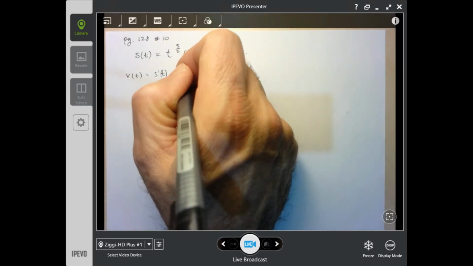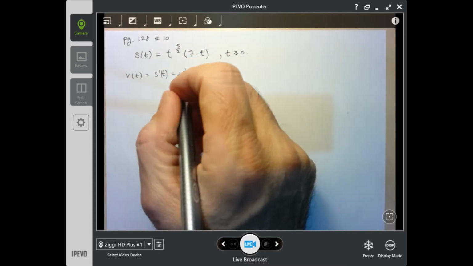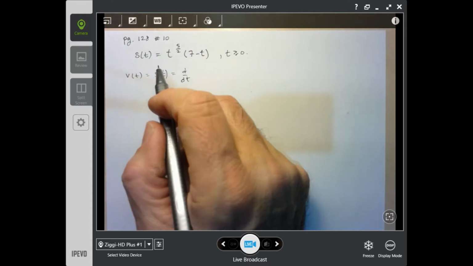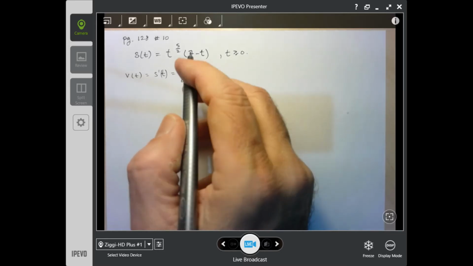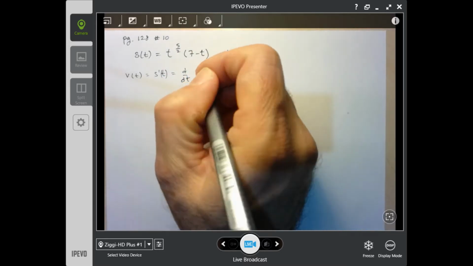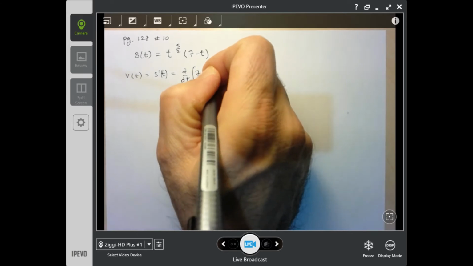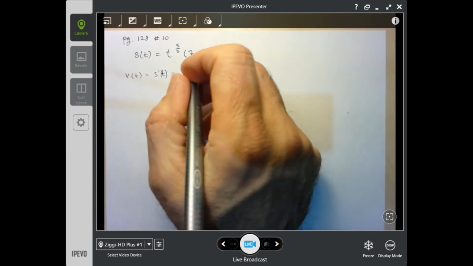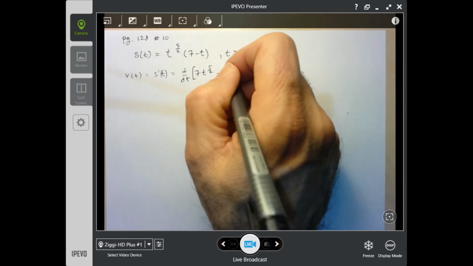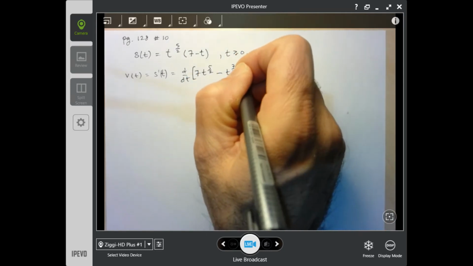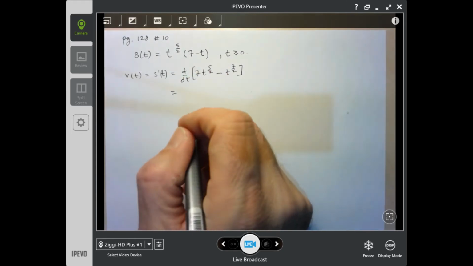Notice here when I write the notation, my input variable is t and not x, so that's why I'd write d/dt. This is going to be 7 t to the 5/2, minus, well, 5/2 plus 2/2, because t to the 1 is t to the 7/2. Now I can take the derivative very easily.